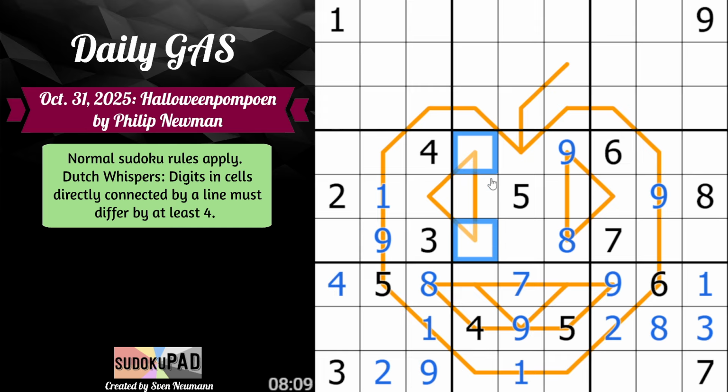So 1 with 2, 1 with 3. I guess this has to be some sort of high digit. And this would have to be a low, which means it would have to be 2. This would be a high. And this would have to be a low. So we have low, low, low, low.